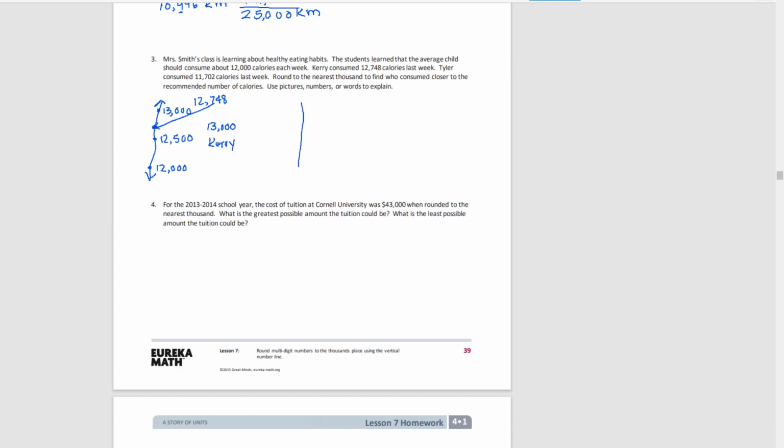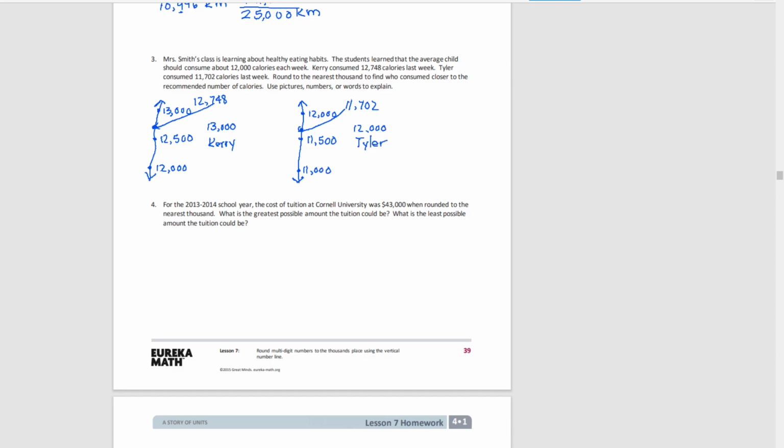Then let's also do a vertical number line for Tyler. So Tyler consumed 11,702 calories. So at the low end, we have 11,000. At the high end, we have 12,000. The midpoint would be 11,500. So this would be a little above the midpoint. And so we would round to 12,000.